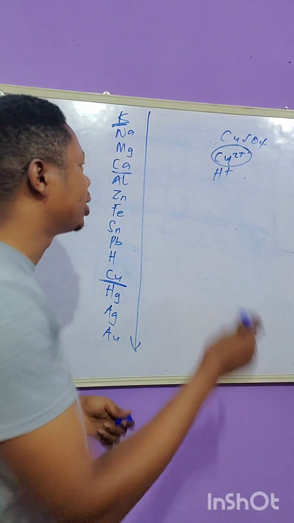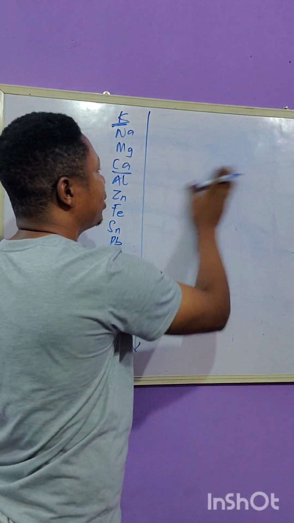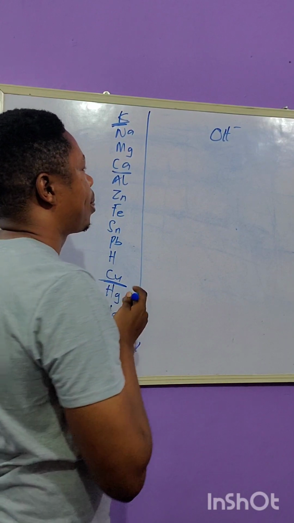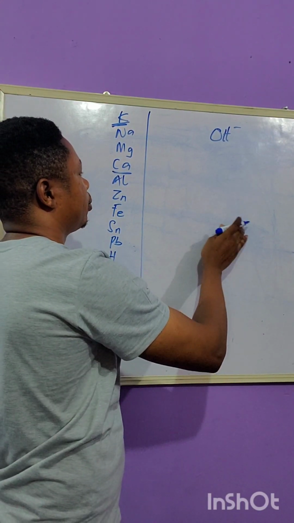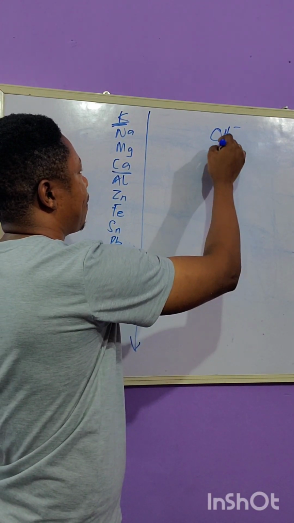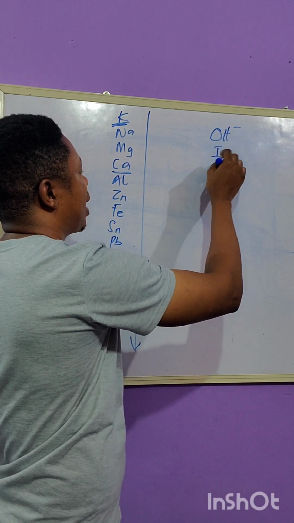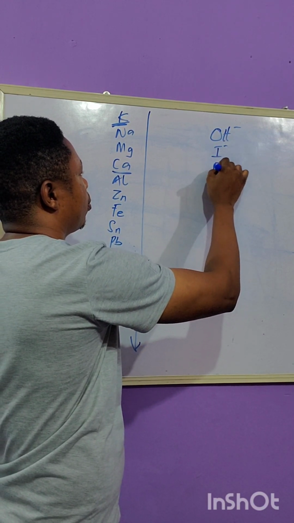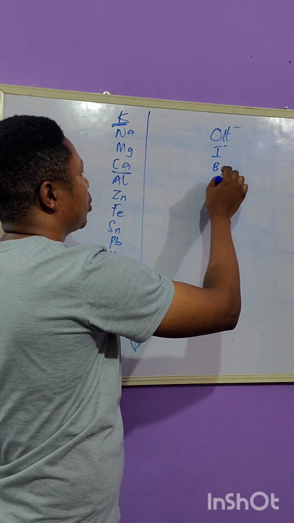Then for your anions, we have hydroxyl, iodine, bromine, chlorine.